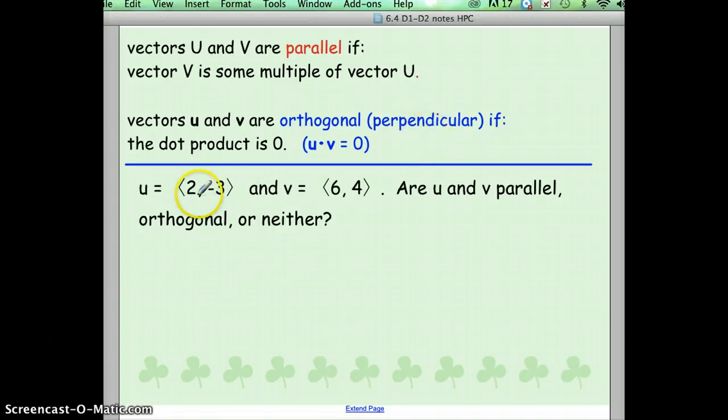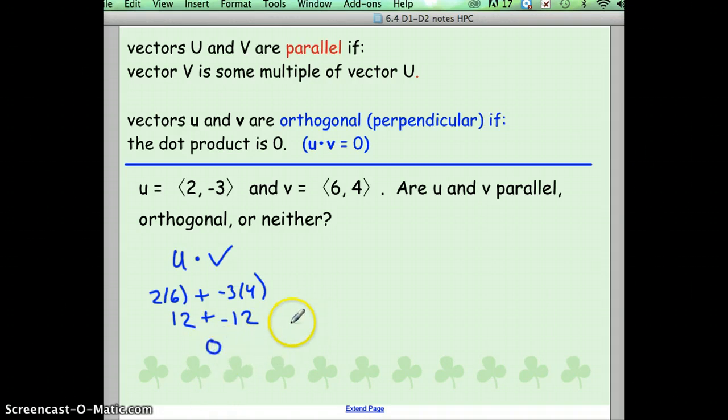So let's try the dot product of these two, the dot product of u and v. So we would do 2 times 6 plus negative 3 times 4. Okay, and we would get 12 plus a negative 12, which is 0.